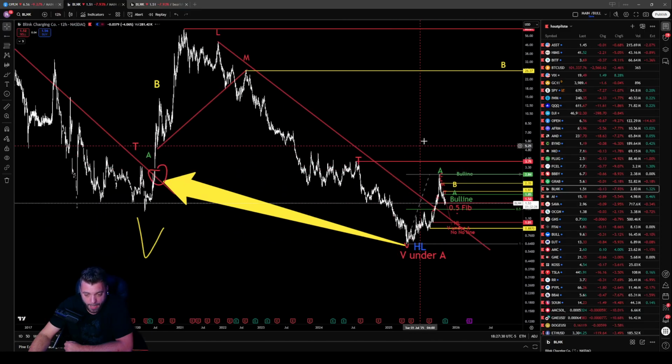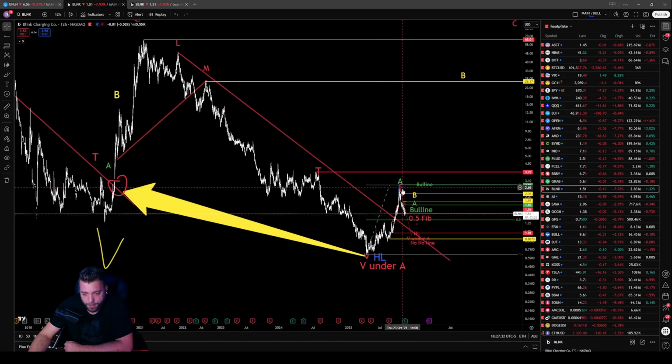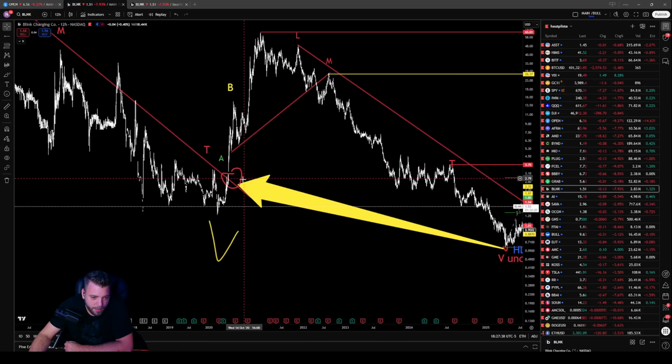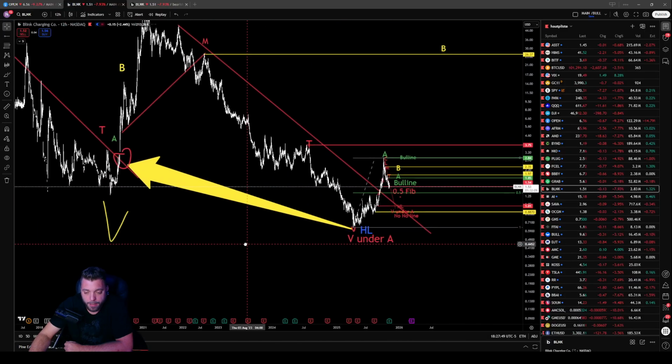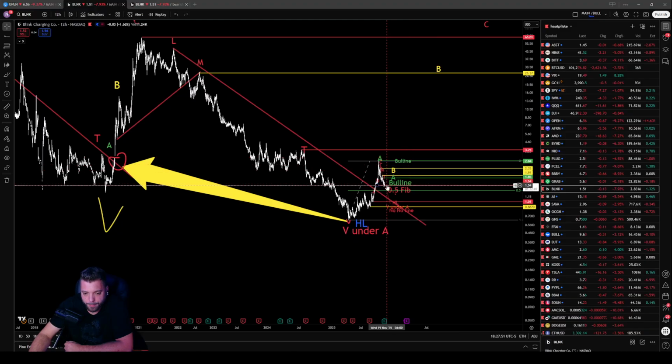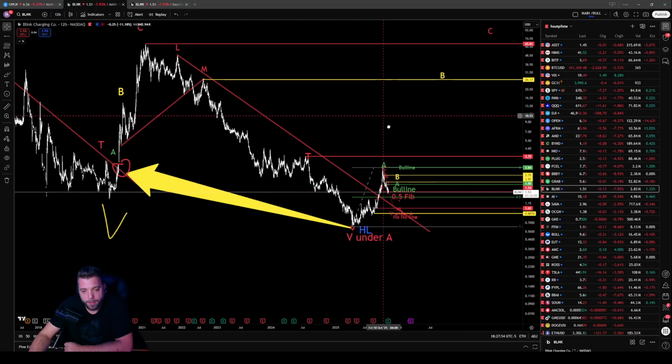And we absolutely finished this pullback from A, and the next target would be B at $26. And I'm still of the opinion that we are right here in this decision zone, in this pullback here. So yeah, still looks perfect. Maybe it's finished already. Maybe it still takes some time.